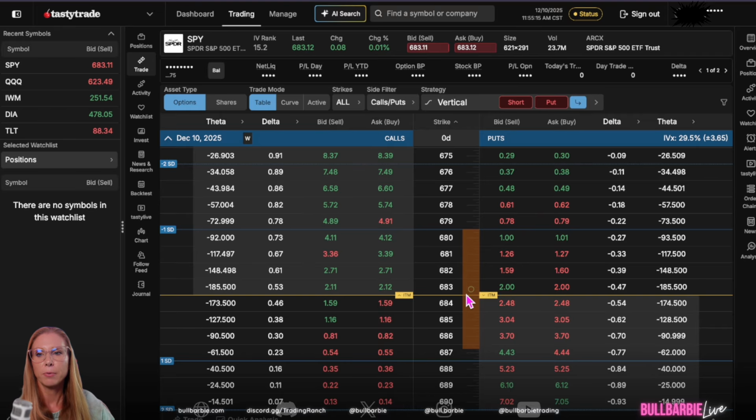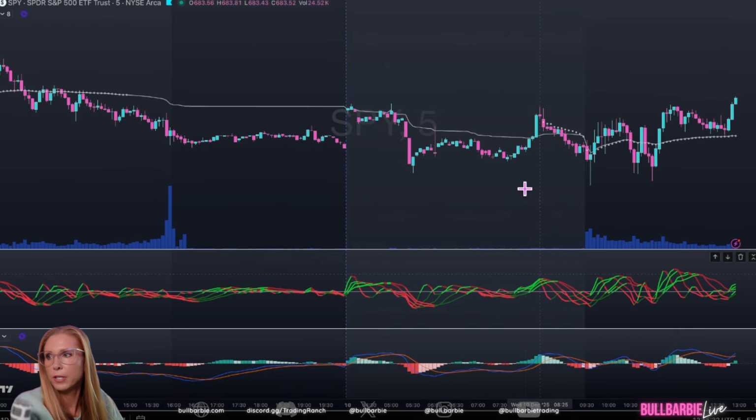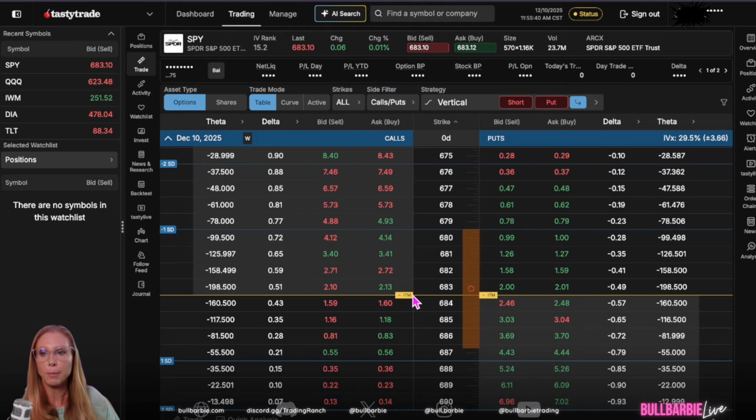So if the price moves higher, on the SPY right now, you can see the price on the spiders is around 684.10. That's why on the option chain, we're between 683 and 684. So this is at the money.